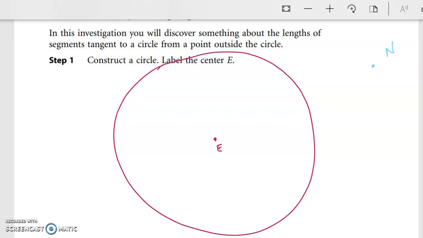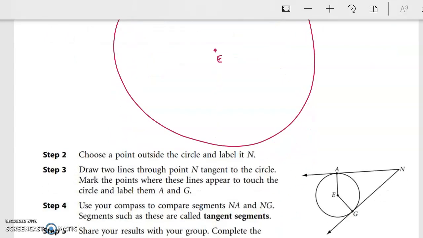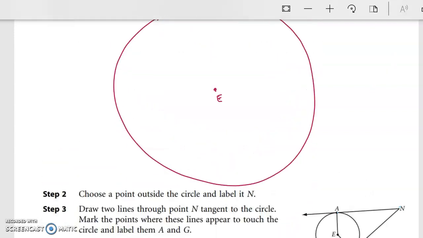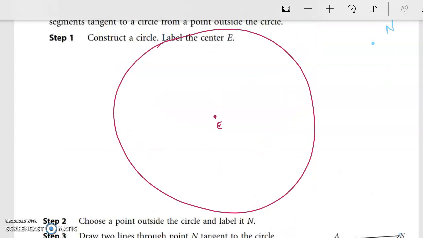And we're going to draw 2 lines through N tangent to the circle. You can kind of see the picture. So here's our N, and there we're going to draw 2 lines tangent to the circle. So you want to use your straight edge, kind of line it up so that from point N, you're going tangent this way, and then tangent this way.